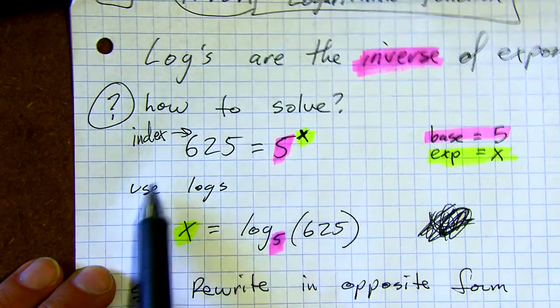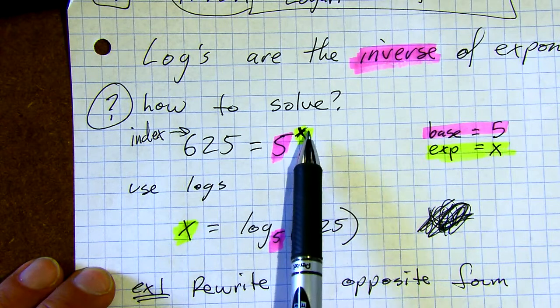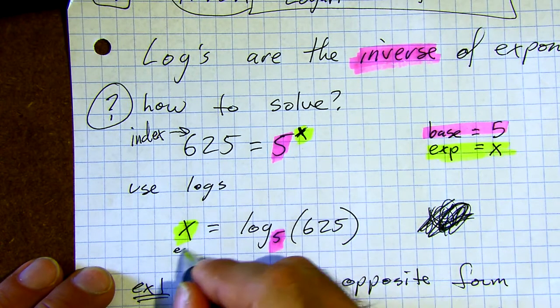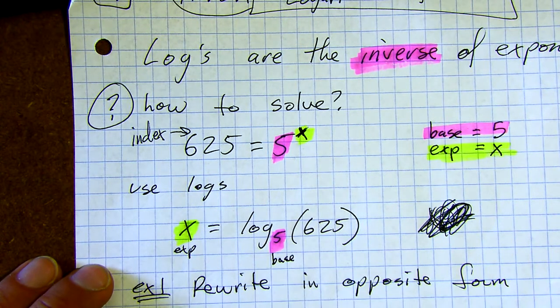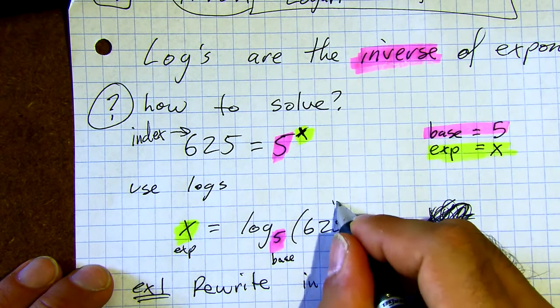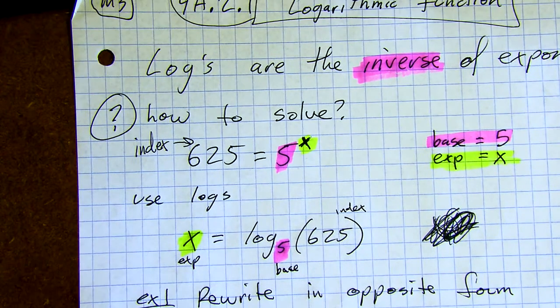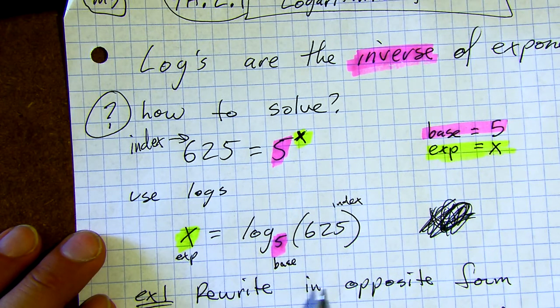Well, you use logs, you put it in the log form, and what you're looking for is the exponent. X is the exponent, 5 is the base to my original problem, and here is my index.